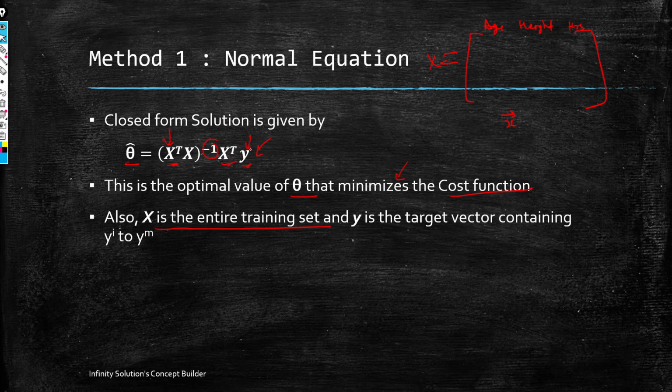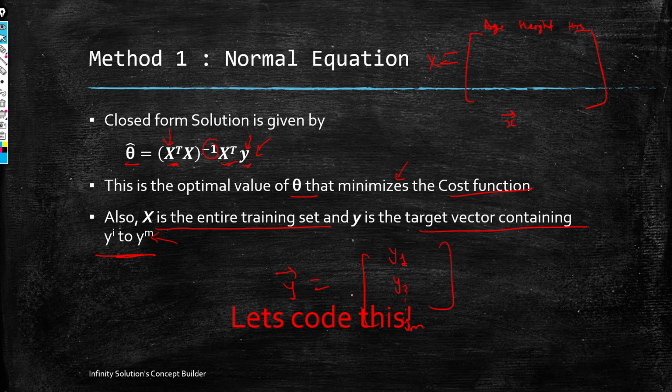Now y is also a target training vector containing y1 up to ym, where m is all the training instances. So y is one vector which contains all the actual outputs from our training data set, y1, y2, up till ym, correct?